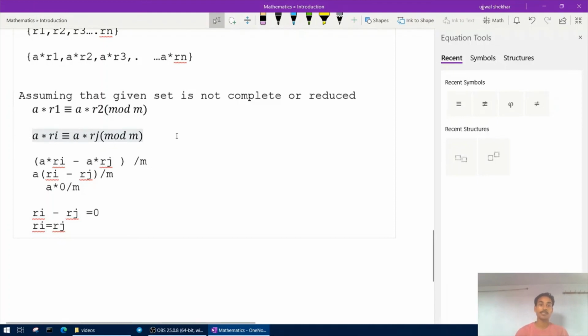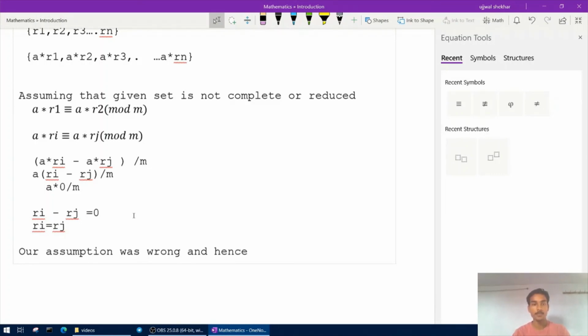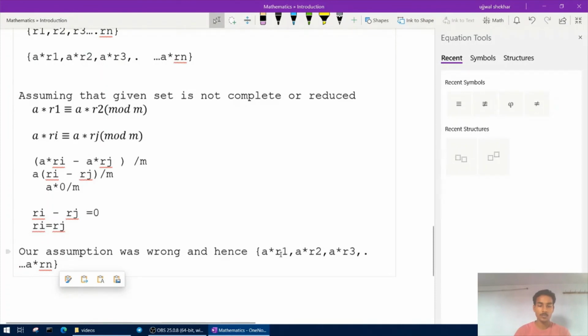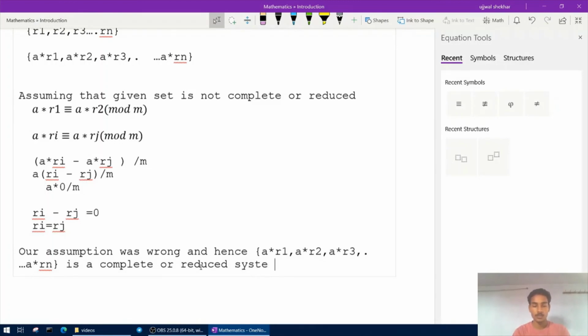So we got a contradiction from here, so we can say that our assumption was wrong, and hence this is a complete or reduced residue system modulo m, right?